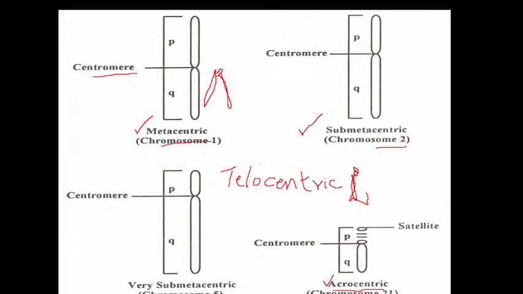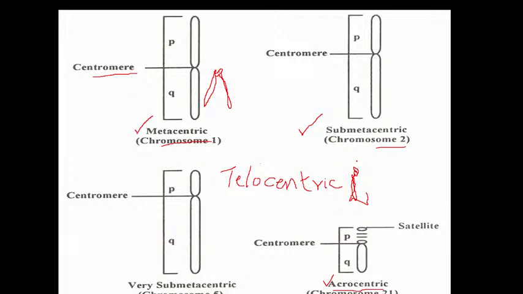We have 23 pairs of chromosomes, and some are metacentric, some are submetacentric, some are acrocentric, and some are telocentric. This is about the centromere. During mitosis the centromere gets attached to the mitotic spindles, and the sister chromatids separate and move towards the opposite poles.